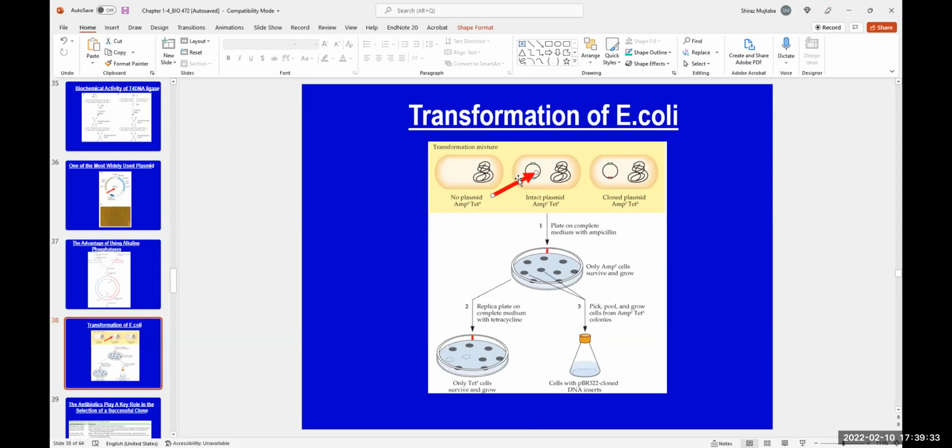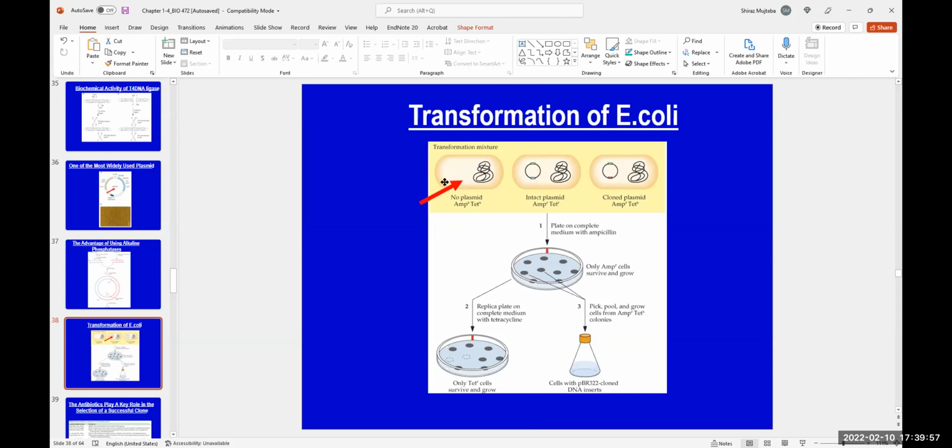Now, plasmids also have antibiotic markers. So these antibiotic markers provide resistance. So they have an ampicillin resistance gene. So when you take an LB agar plate, and in this LB agar plate you have ampicillin, this bacteria will not grow because they don't have plasmid.